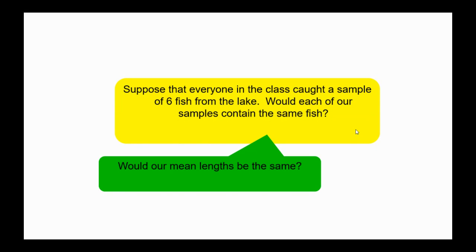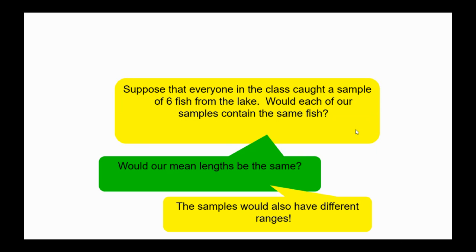Probably not. We all caught 6 different fish. They're probably all different lengths. So we're probably not all going to be the same, which means our samples would also all have different ranges.